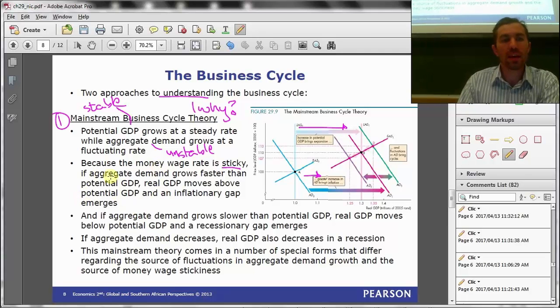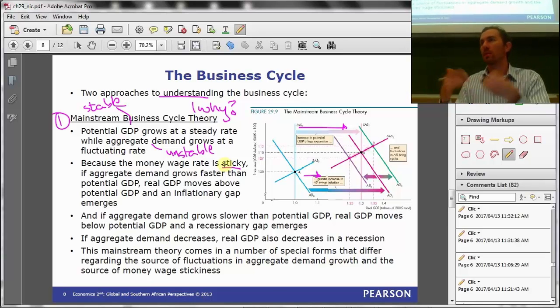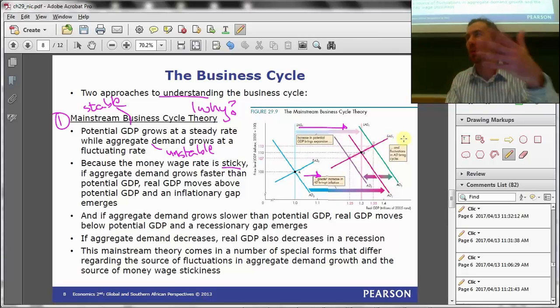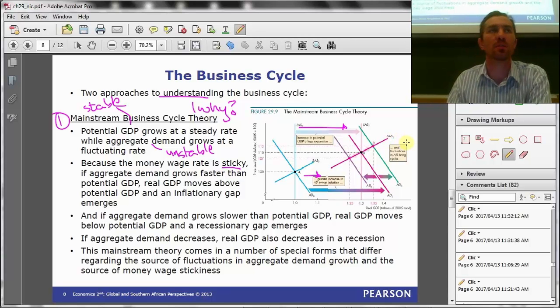So if aggregate demand grows faster than potential GDP, in other words, the long-run aggregate supply curve is shifting to the right, but aggregate demand shifts even faster, and people don't expect it, so the wages are negotiated in a way that doesn't anticipate that. Then our long-run aggregate supply curve grows, and along with the shift in the long-run aggregate supply curve comes a shift in the short-run aggregate supply curve as people adjust their wages in anticipation of inflation.